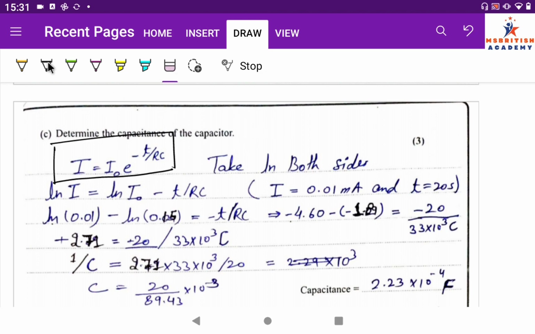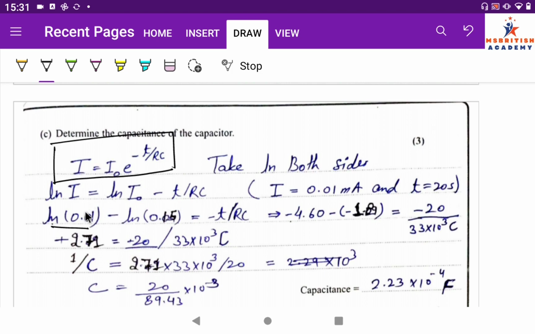So ln I is equal to ln I naught, and this power will come down, so minus t upon RC, and ln e value is 1, so I didn't write it here.